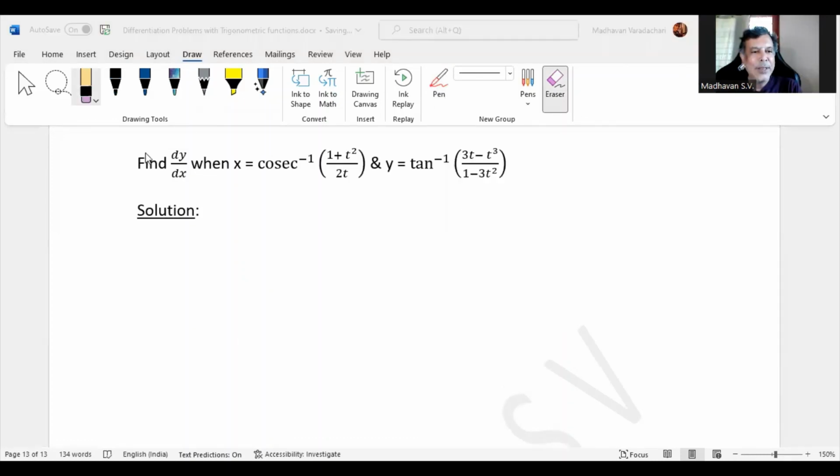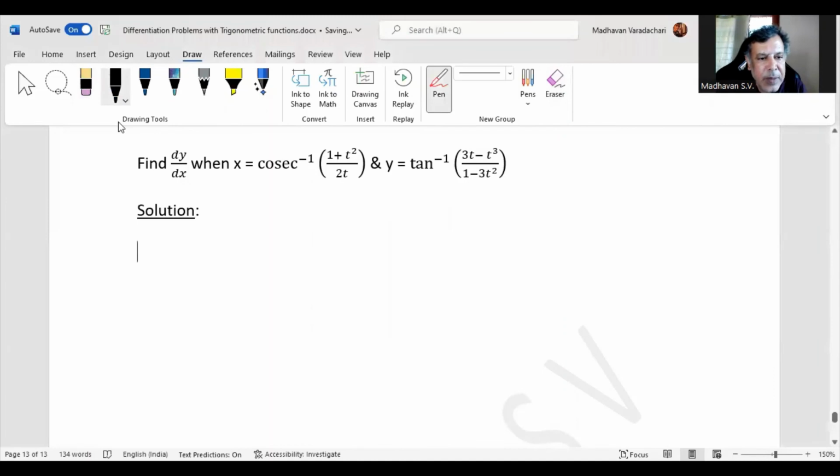In this question, find dy by dx, when x is equal to cosecant inverse of 1 plus t square by 2t, and y is equal to tan inverse of 3t minus t cube divided by 1 minus 3t square. So we will start with assuming first, let t is equal to tan theta.